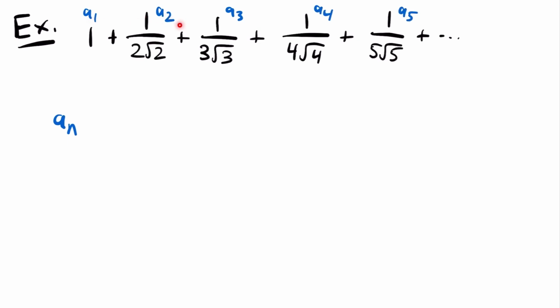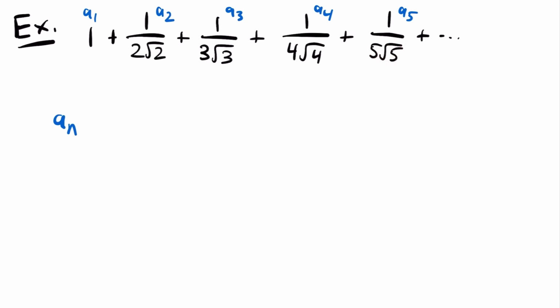And so comparing those values of n to each of the terms, we can clearly see that there is a pattern going on here. When n equals 2, we have 1 divided by 2 times the square root of 2. When n equals 3, we have 1 divided by 3 times the square root of 3. When n equals 4, we have 1 divided by 4 times the square root of 4. And when n equals 5, we have 1 divided by 5 times the square root of 5.